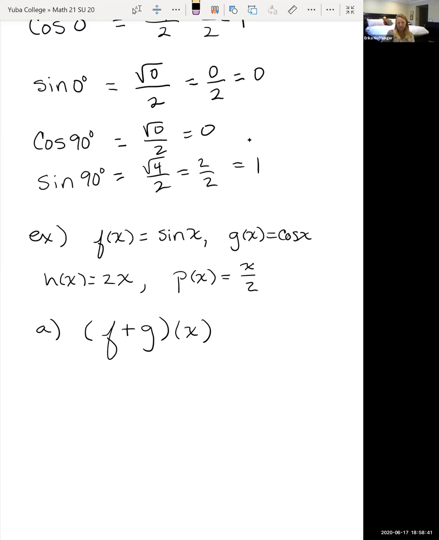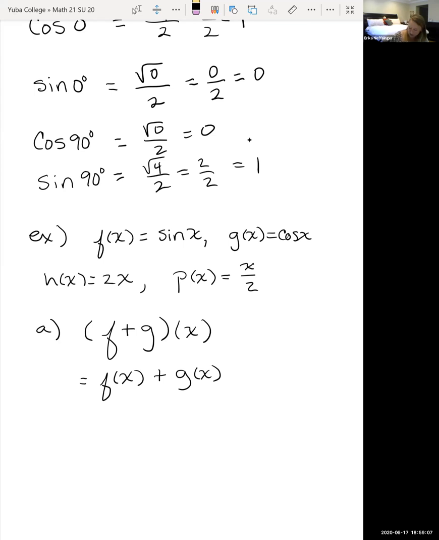So if you see this, it's not the distributive property here, even though it kind of looks like it, but it basically is saying you're taking your function, whatever it is, of f of x, and you're adding it to your function, whatever that is, of g of x. And we wanted to figure out, okay, let's just do that.